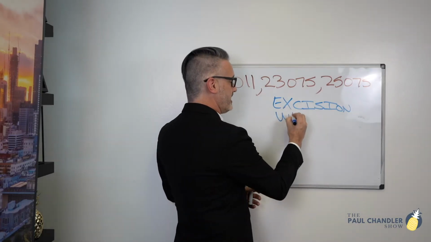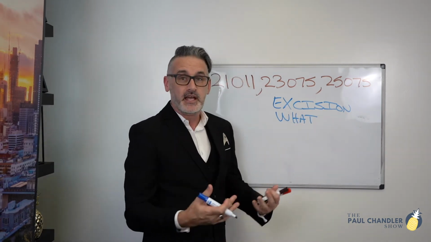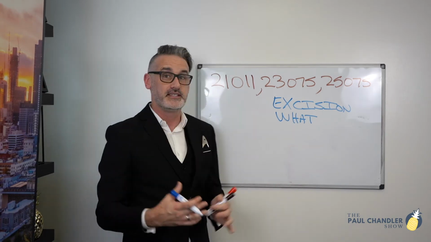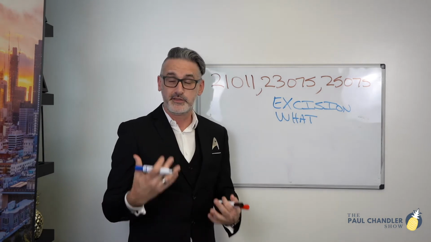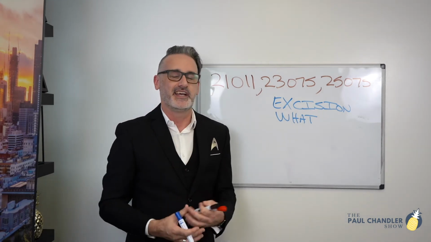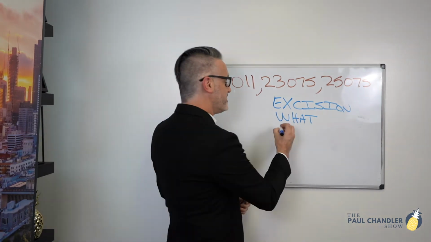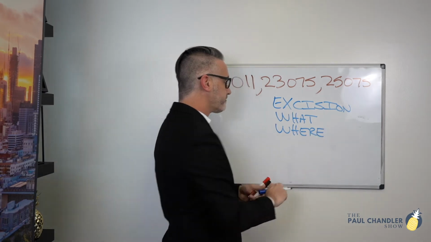So excision, comma, tumor, what are we cutting out? And back to 21011, comma, soft tissue of face and scalp. So in this case, 21011 is in the head section in the musculoskeletal system. So the location would be somewhere in the head location. So 21011, dealing with the soft tissue of face and scalp. So that gives us the where.